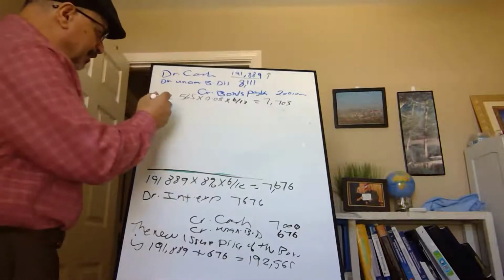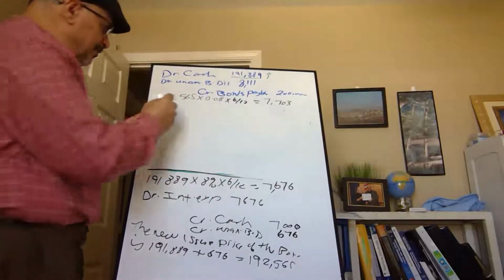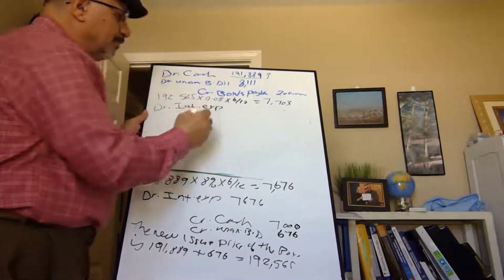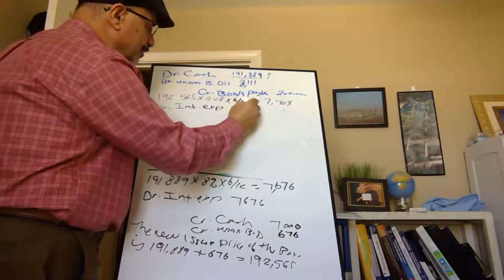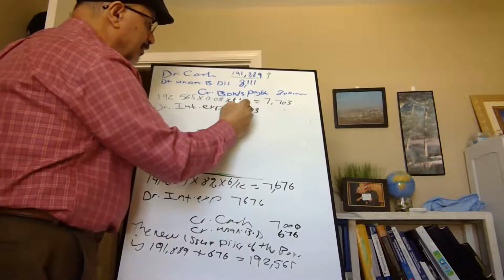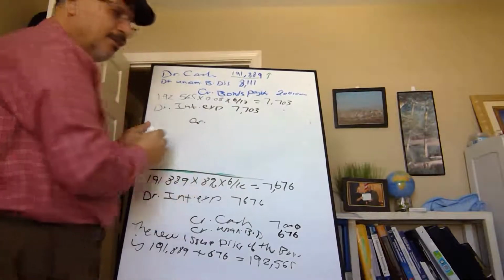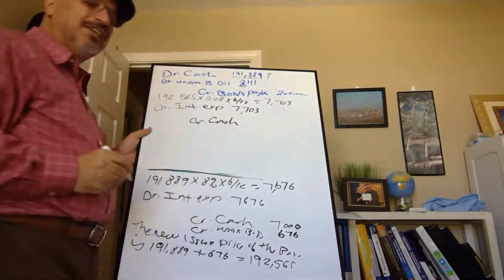So we're going to debit interest expense for 7,703. All right, and we're going to credit cash. That's the obligated value.